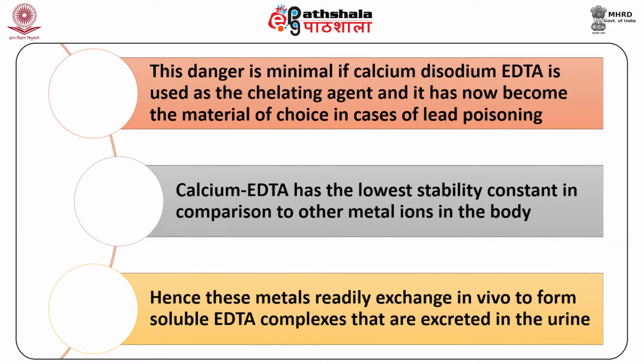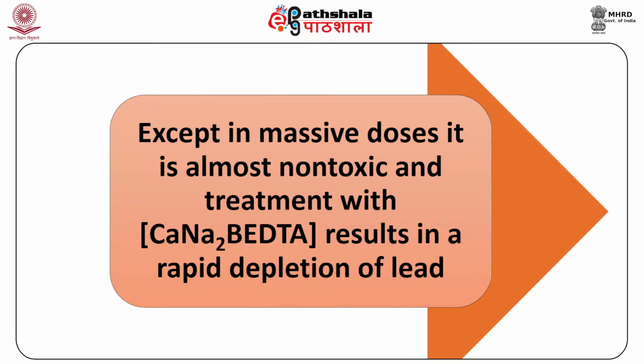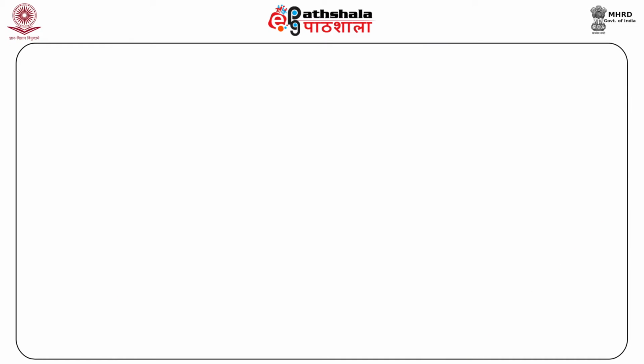Calcium EDTA has the lowest stability constant in comparison to the other metal ions in the body. Hence, these metals readily exchange in vivo to form soluble EDTA complexes that are excreted in the urine. Except in massive doses, it is almost non-toxic, and treatment with calcium sodium EDTA results in rapid depletion of lead.